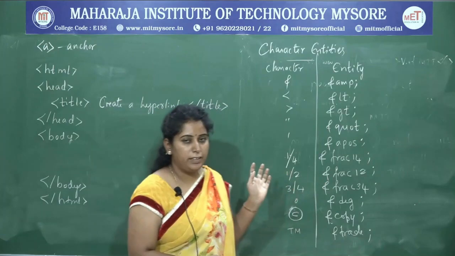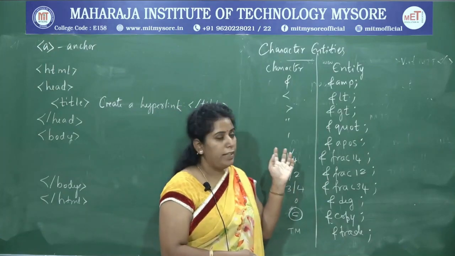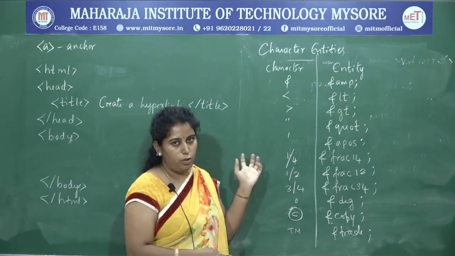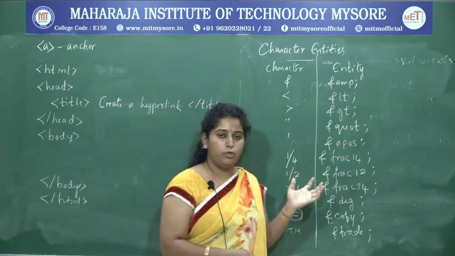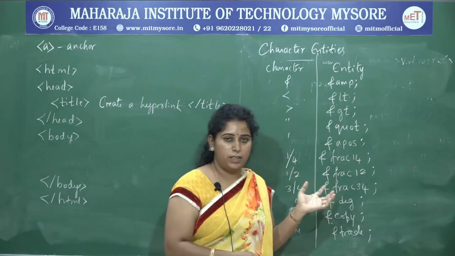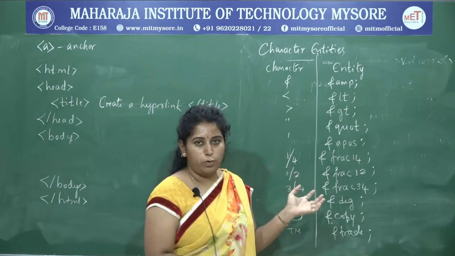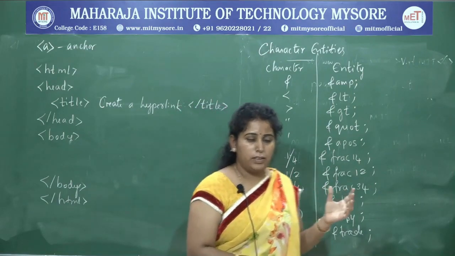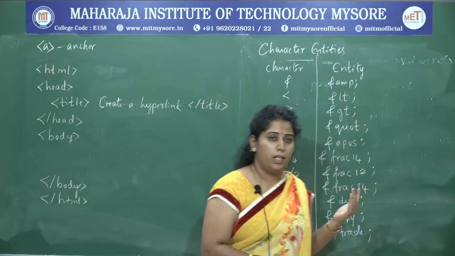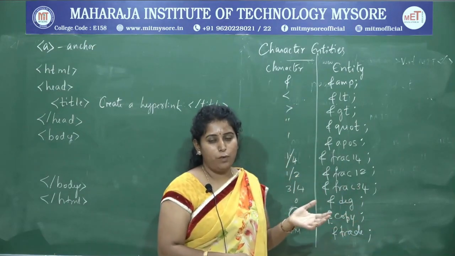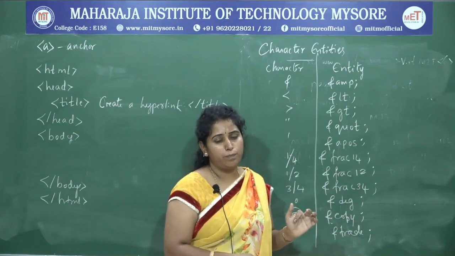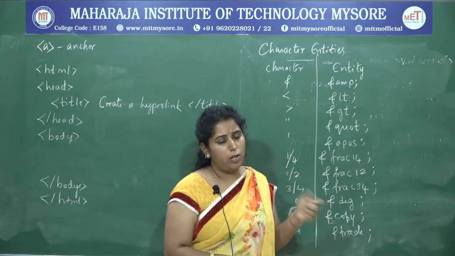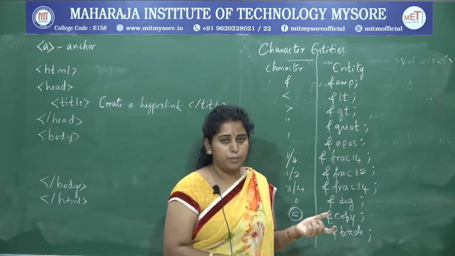Next is about character entities. Character entities means a set of characters. As you all know, we make use of alphabets, letters, digits, everything while coding a program. Now there are certain characters which cannot be typed as they are given on the keyboard. For example, I want to print a greater than symbol or a lesser than symbol.